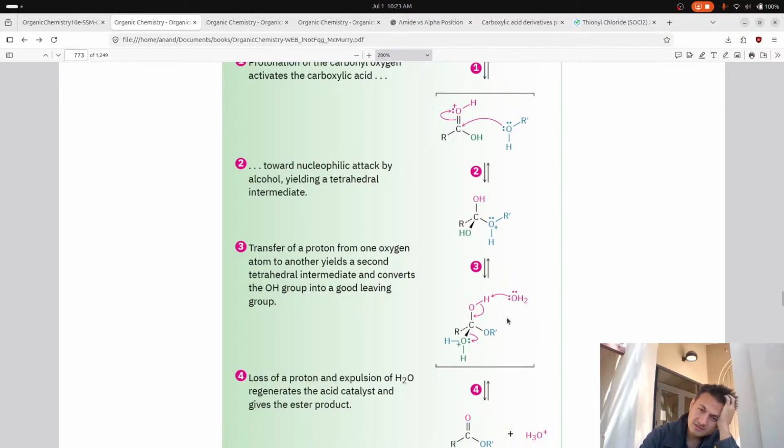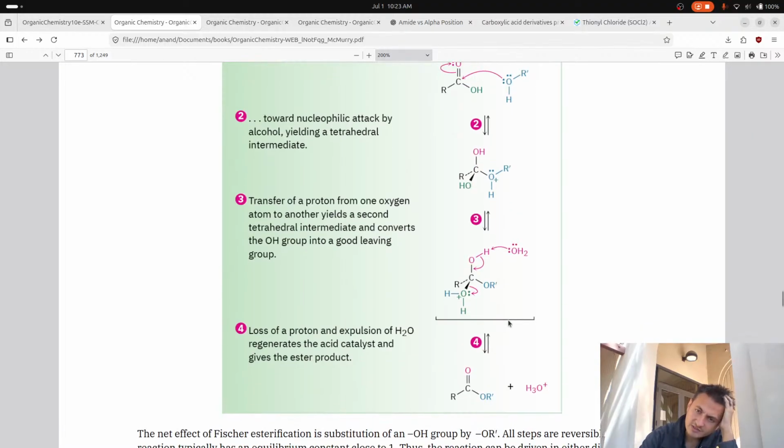See, that's kind of the weird part about this mechanism, right? It does seem extremely reversible. Because why wouldn't you, if you're water and you want to take a proton, take the acidic proton? But the point is, this mechanism is just examples of things that could happen. So it's not that it takes this proton; it's that it takes the other proton, which dumps this and then kicks water. So this is actually going to be gone. This is a carbonyl. So now we have our ester.